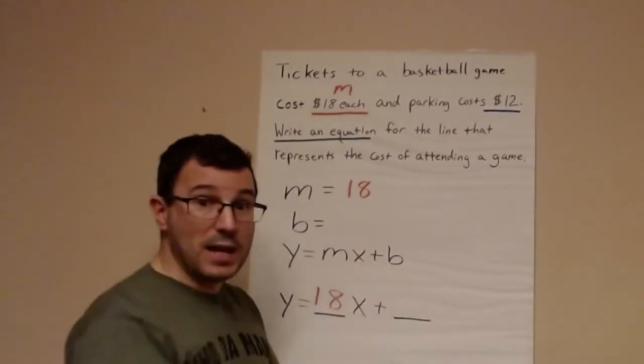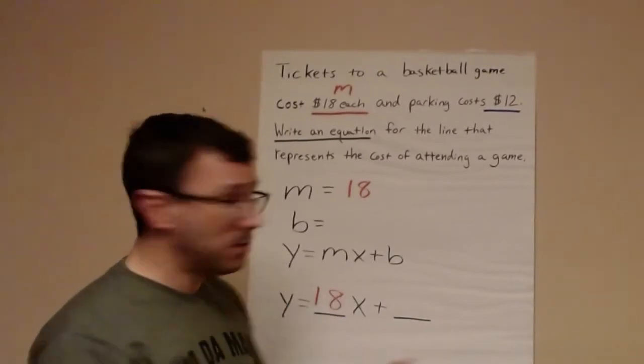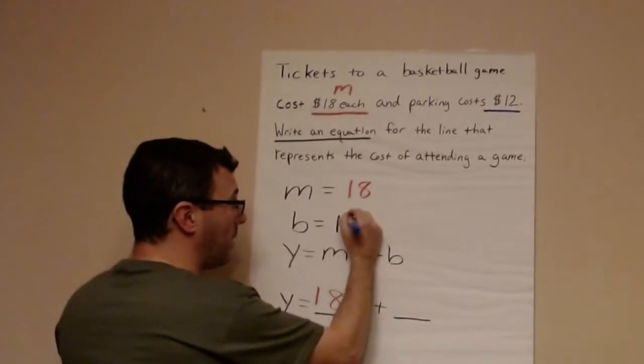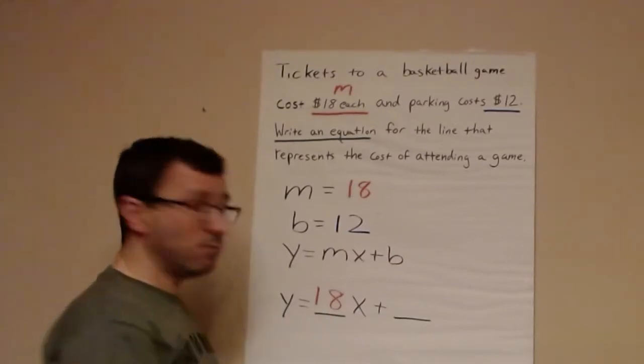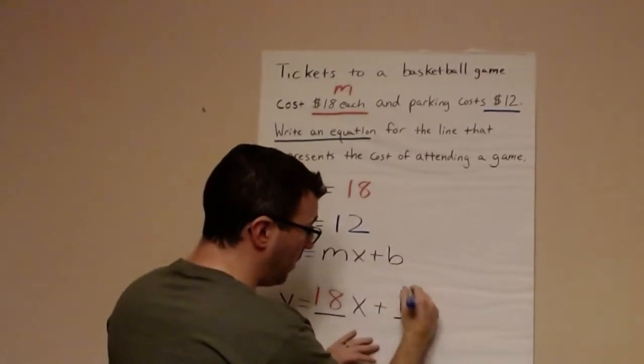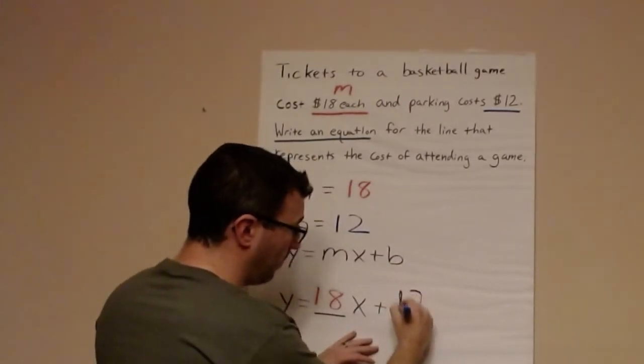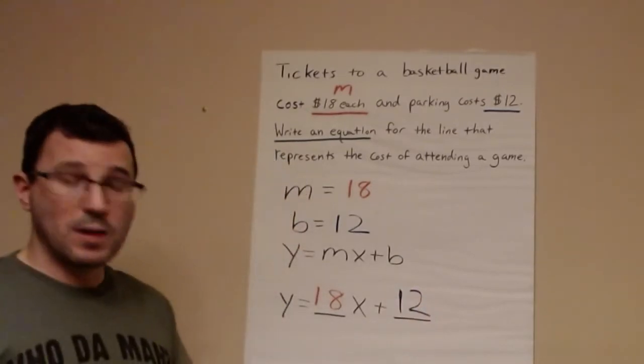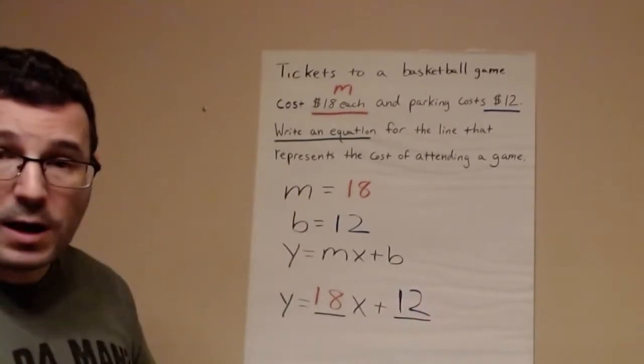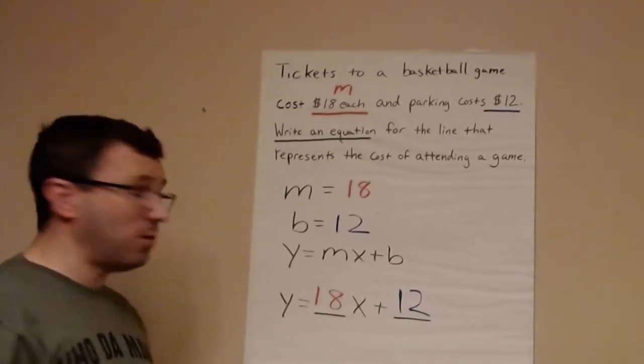All right, you're going in and you're paying that once. So our y-intercept is 12. I put it here. And there's my equation. Y equals 18x plus 12.